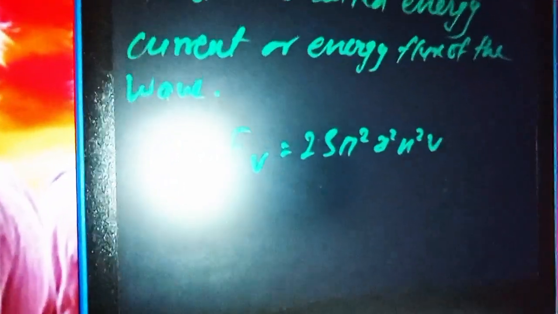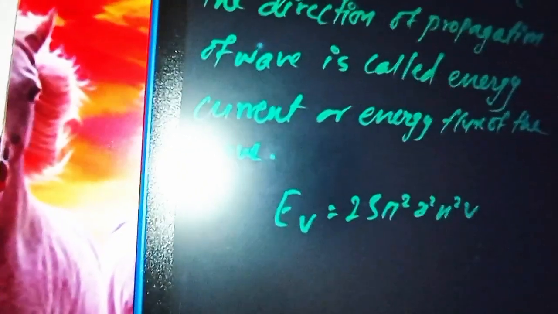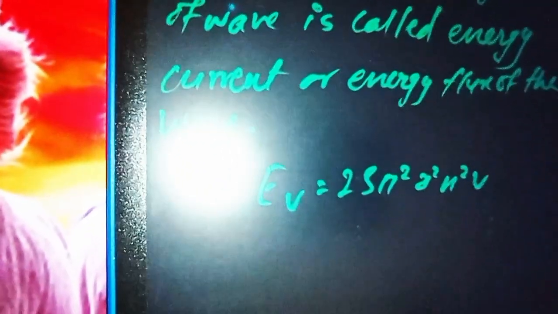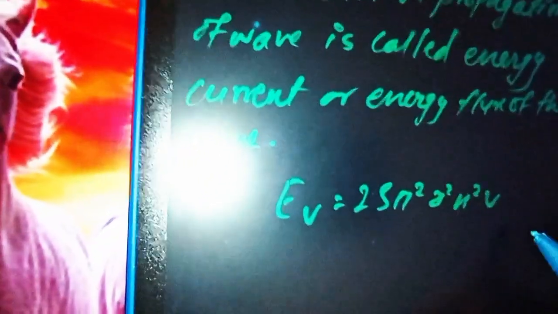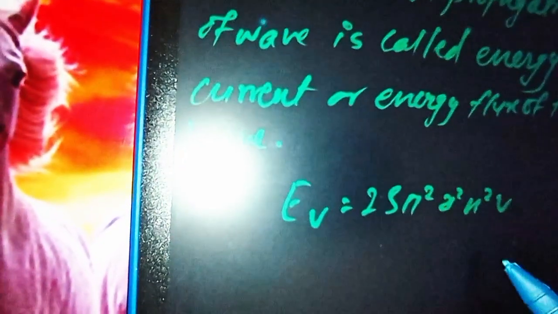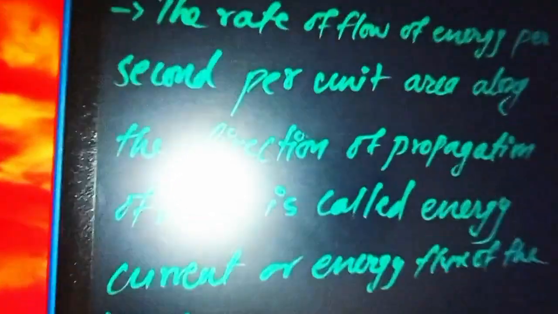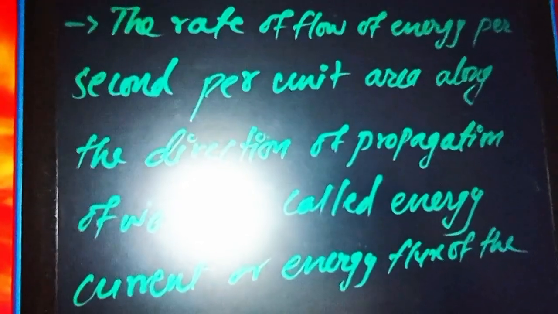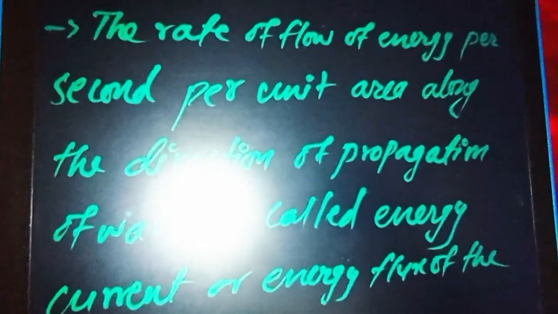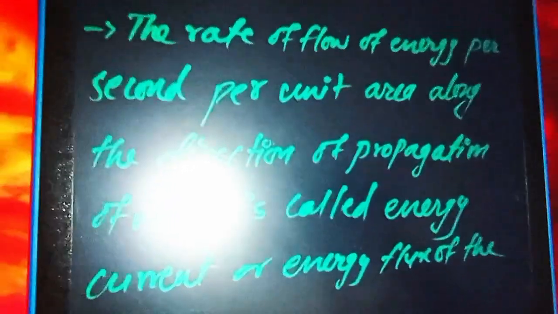I will tell you dimensionally so you remember it correctly. Velocity is distance upon time. In the definition, it is the rate of flow of energy per second per unit area.